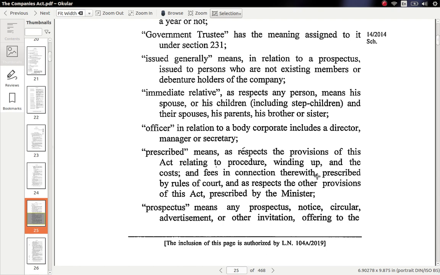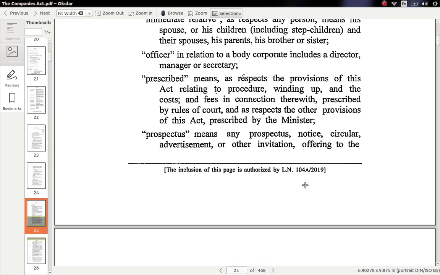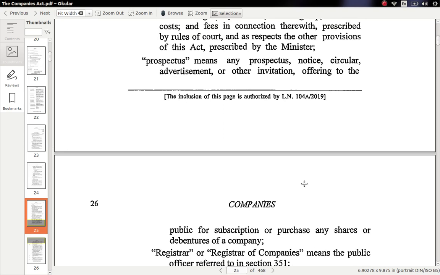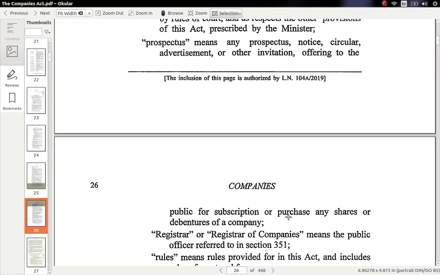Prospectus means any prospectus, notice, circular, advertisement, or other invitation offering to the public for subscription or purchase any shares or debentures of a company.